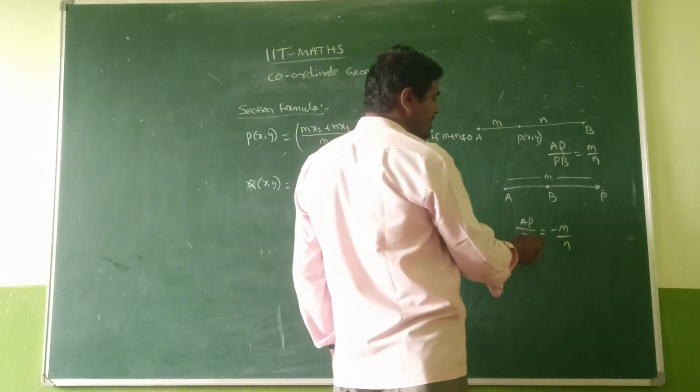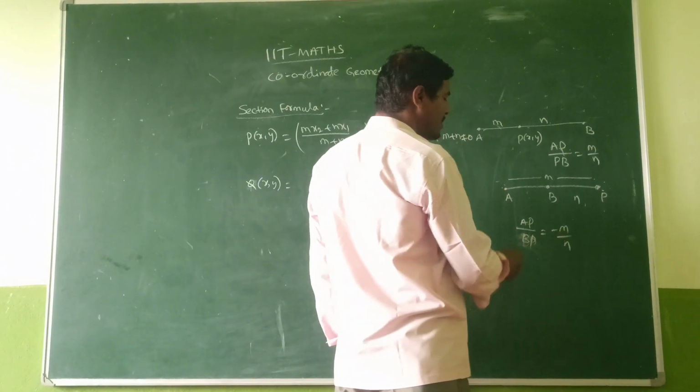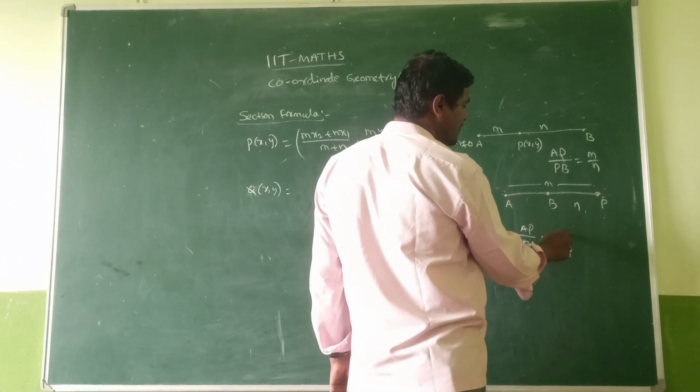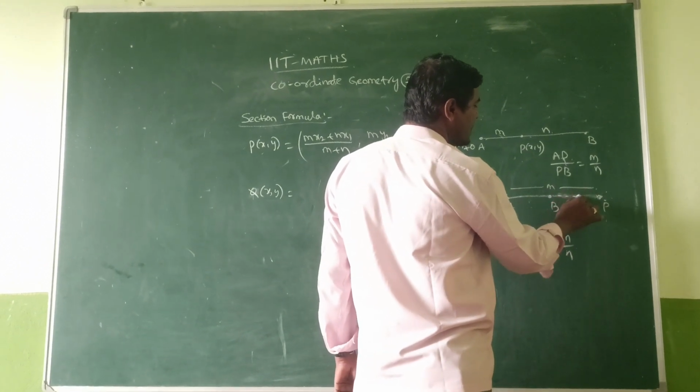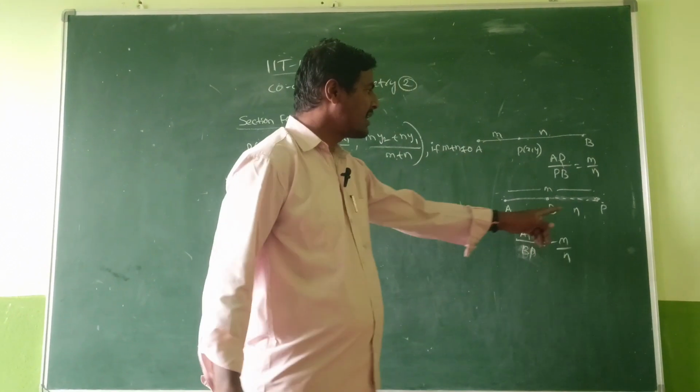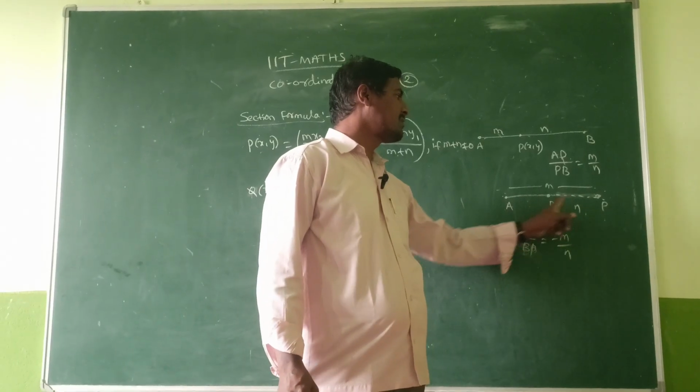This is the external division. The point P lies outside of the line segment AB.